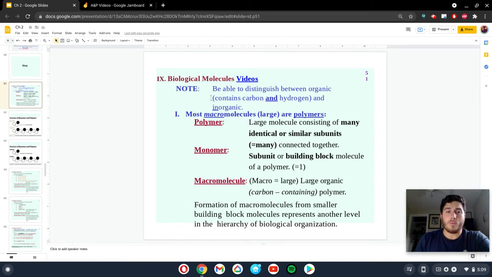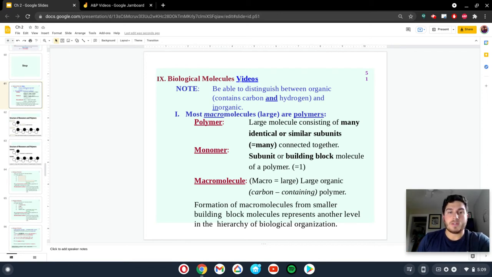So, what is a biomolecule? The most important thing you could do with any vocab term is break it down. What does it sound like? A biomolecule is something that is bio, right? Alive, and molecule. It is a type of molecule.